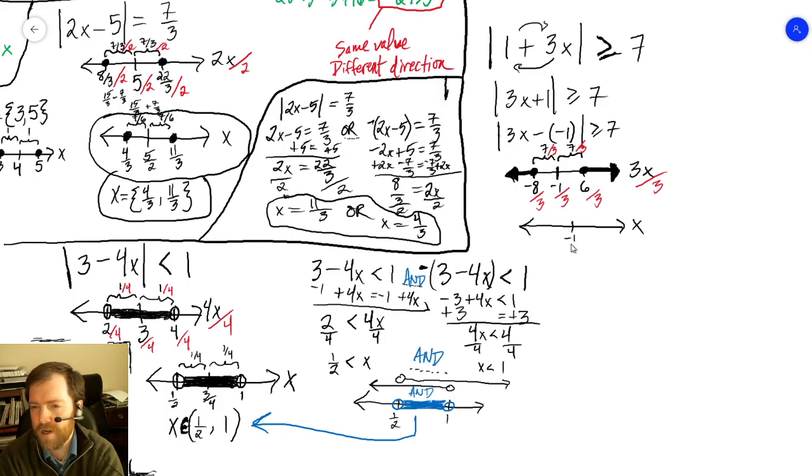Middle is going to be at negative 1/3. The right is going to be 6 over 3, or 2. It's going to have a solid circle with a line going to the right. And negative 8/3 on the left, can't simplify. It's going to have another solid circle and shade to the left.